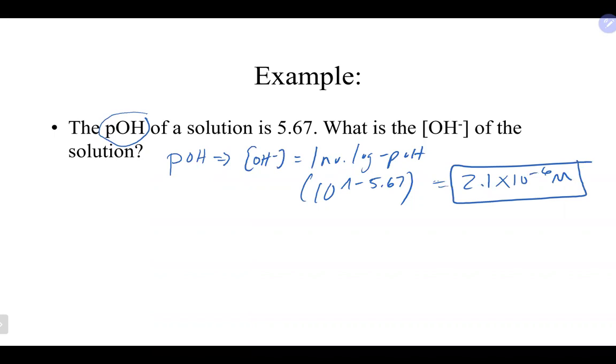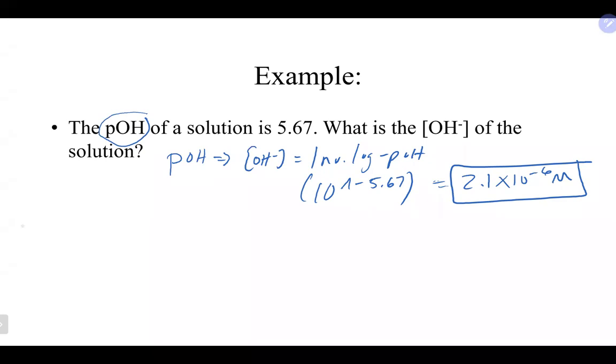So there is really no way to use KW off of this problem, right? Because you don't have the H plus concentration or OH minus concentration. So you are sort of forced to calculate it using the inverse log method. Any questions on how to calculate H plus, OH minus, pH, POH? Again, you do need to be able to do this, and people oftentimes get confused on which equation to use for which.